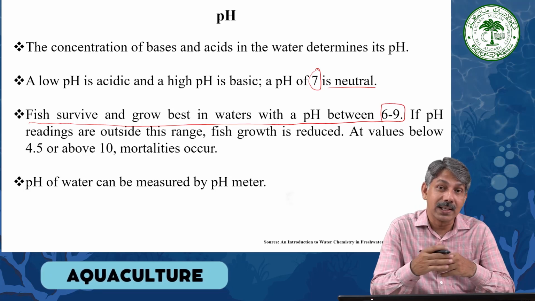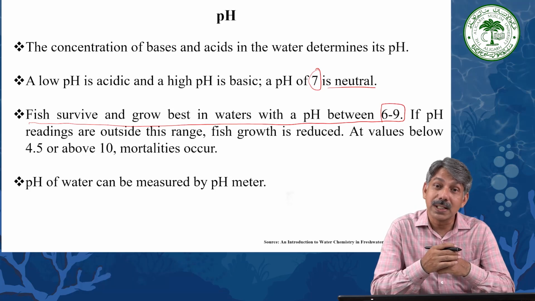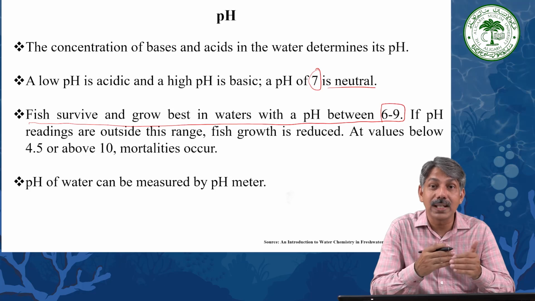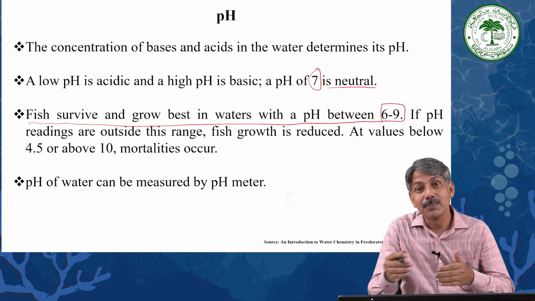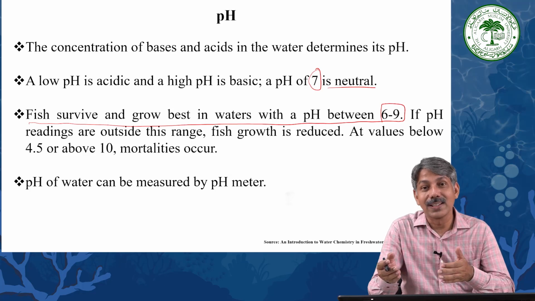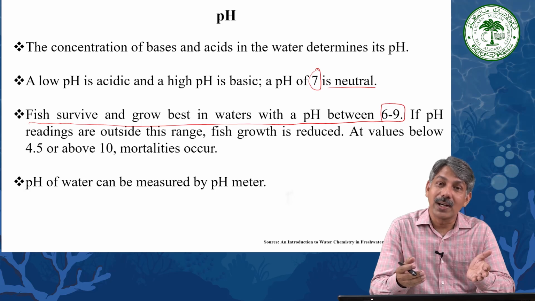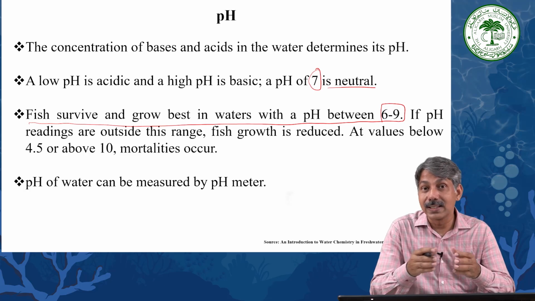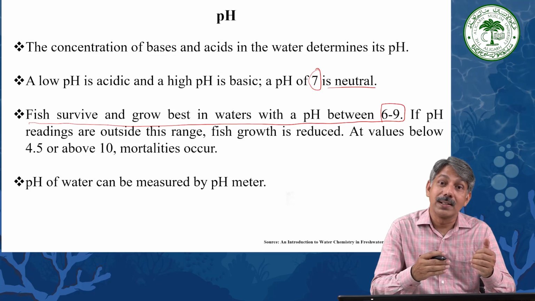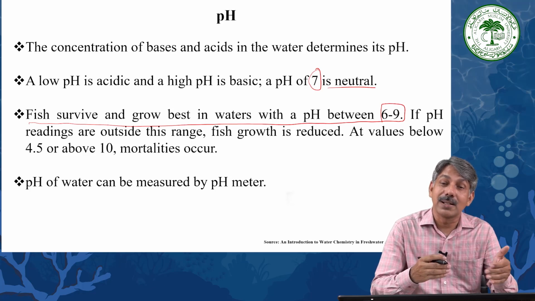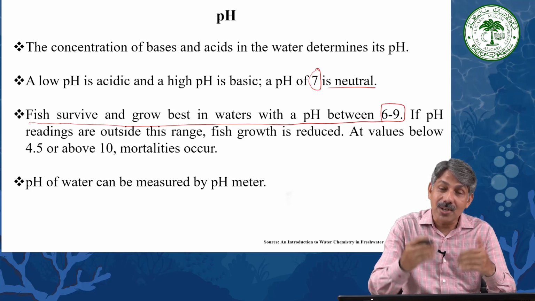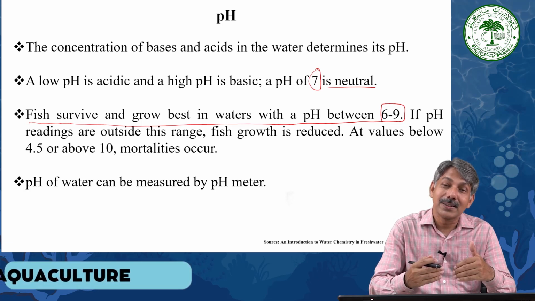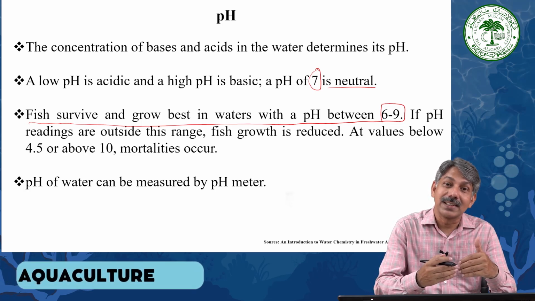So pH of water, again, as I just gave you one example while explaining dissolved oxygen content, is also related to other parameters. As I told you, in the morning hours, when there is high carbon dioxide content that gets dissolved into the water, forming carbonic acid, that ultimately takes the pH down, and the acidic condition starts developing.